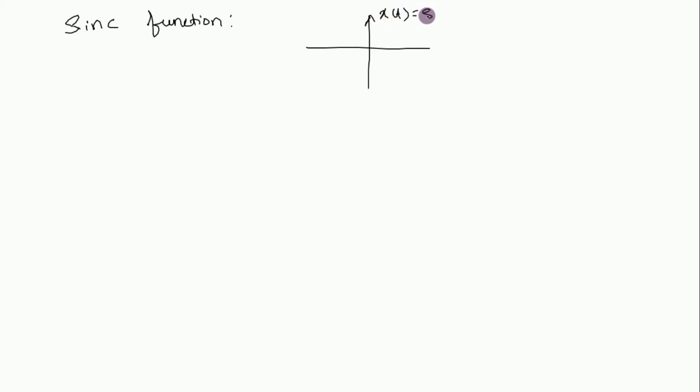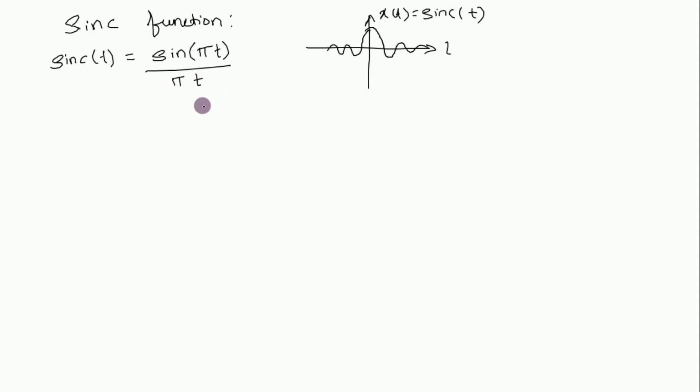X of t is equal to sinc of t. This is t. So this would look like this. Same thing on this side. Okay. So sinc of t is nothing but sine pi t divided by pi t. So this is the definition of the sinc function.